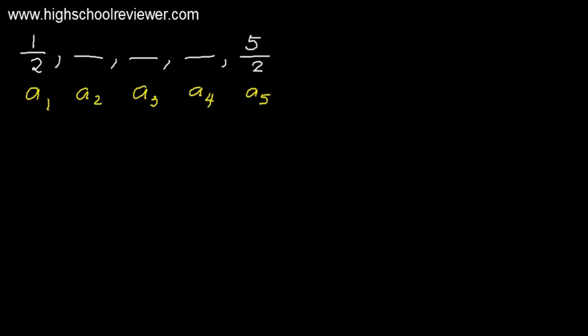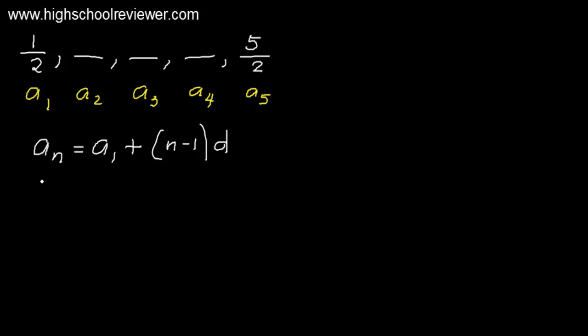To solve for a sub 2 up to a sub 4, we need first to find d, or the common difference. And to find d, we need to use this equation: a sub n is equal to a sub 1 plus n minus 1 multiplied by d. For a sub n here, we are going to use a sub 5.